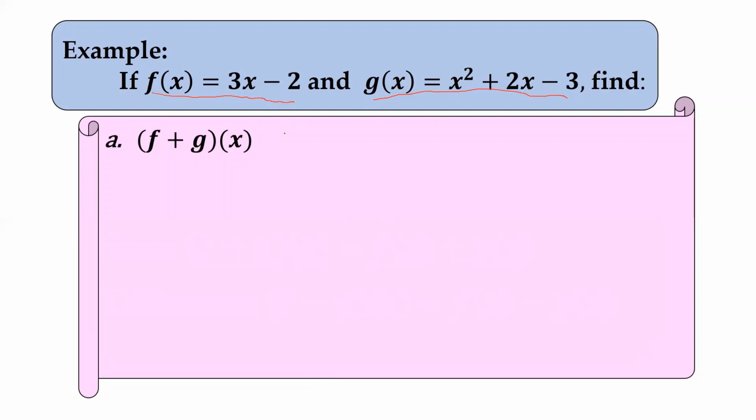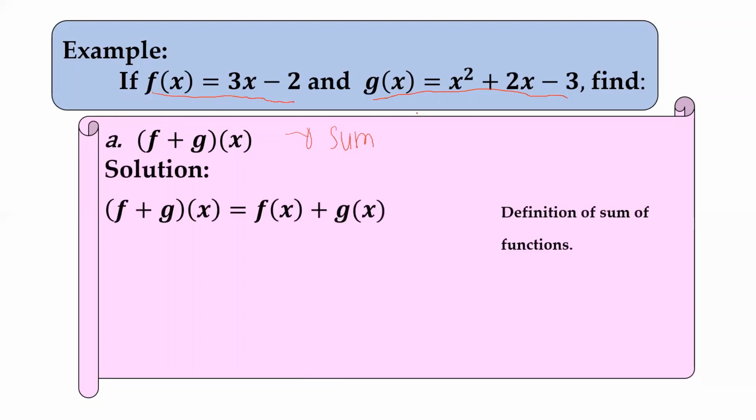Ibig sabihin, find the sum of the functions. Sum means addition. First thing to do is you have to define the sum of the function. So f plus g of x is equal to f of x plus g of x. Then we have to substitute the functions.